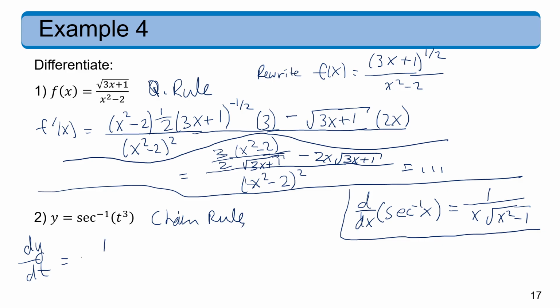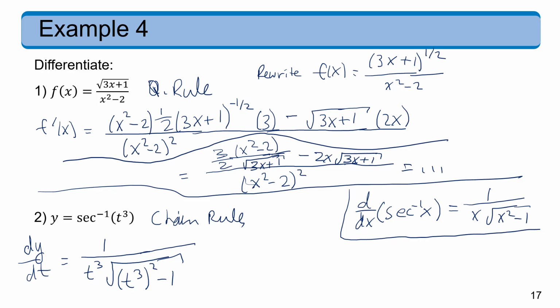But wherever we see an x, we need to replace it with the inside part, which is t cubed. So in the denominator we have t cubed in place of that first x. And then under the square root, where we have x squared, that will become t cubed squared. And then it's still followed by minus 1. That's the derivative of the outer function.